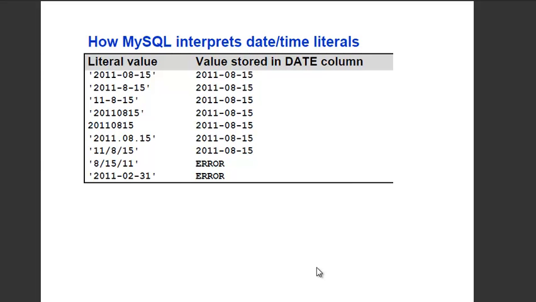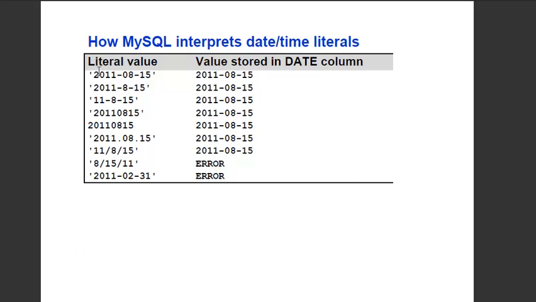Now, here you see the type of problems I've been talking about for quite a bit already, the formats of dates. The literal value in the left-hand side column is the data that might be coming from the application to the database through the insert statement or the update statement.